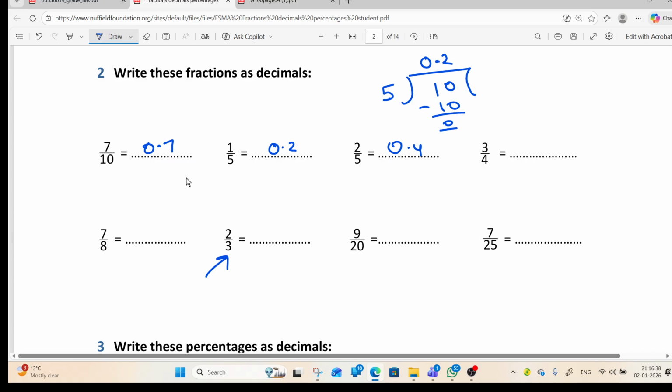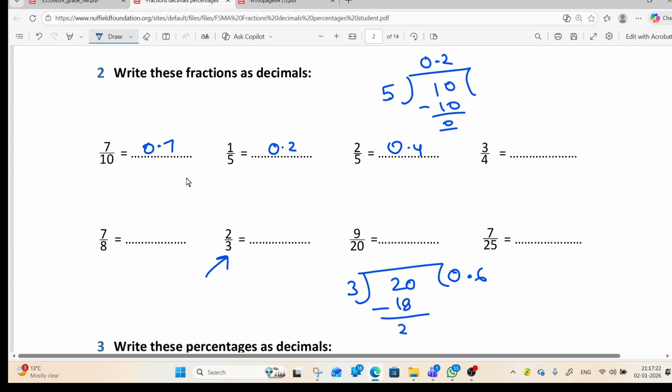Basically you need to divide 2 by 3. So first you put a decimal, and then you get 20. 3 times 6 is 18.